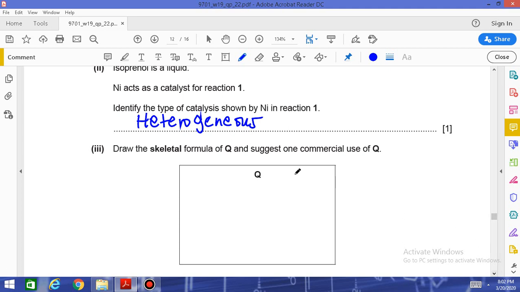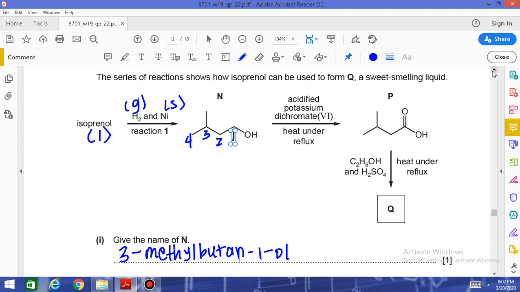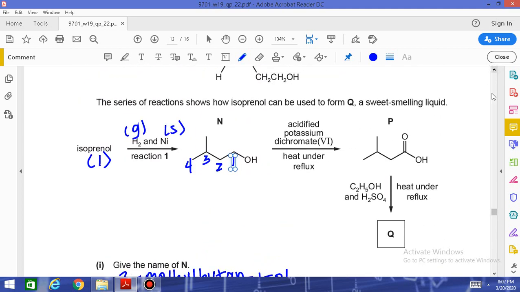Okay, next. Draw the skeletal formula of Q and suggest one commercial use of Q. Let's check the scheme again. So, from P to Q, carboxylic acid is reacted with alcohol.